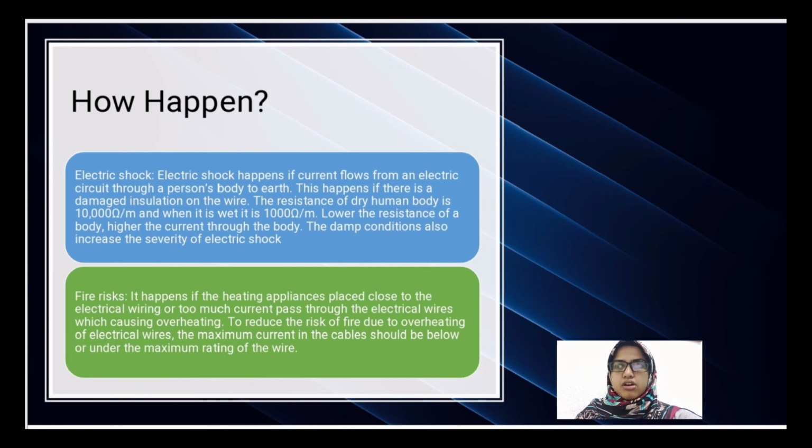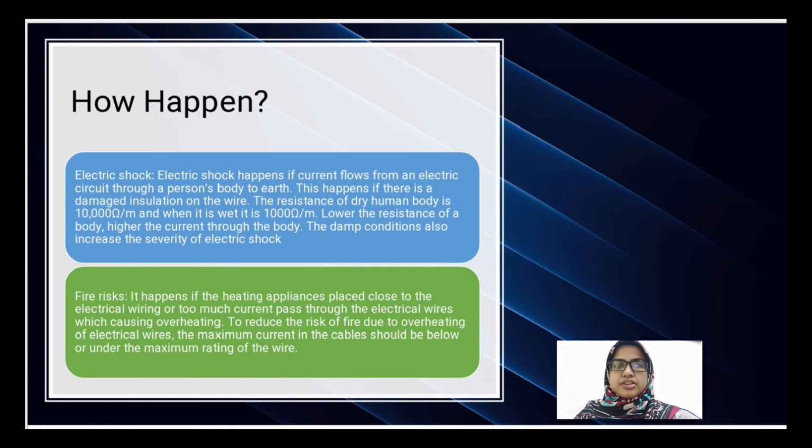The resistance of a dry human body is 10,000 ohm meter, and when it is wet it is 1,000 ohm meter. The lower the resistance of a body, the higher the current through the body, and dark conditions also increase the severity of electric shock.